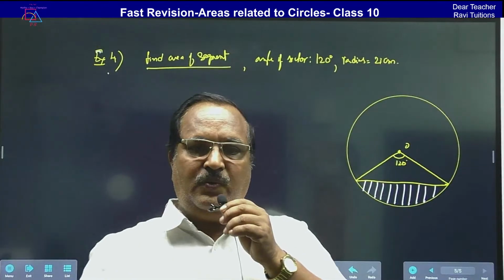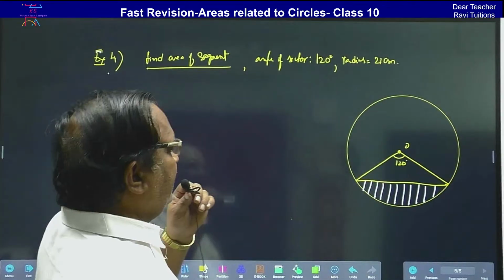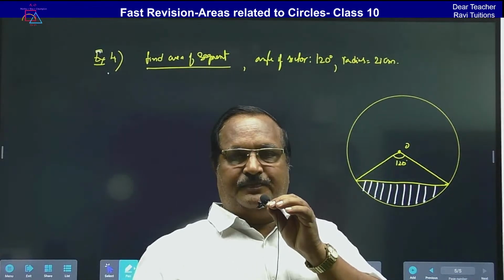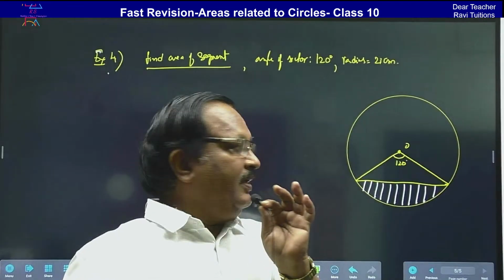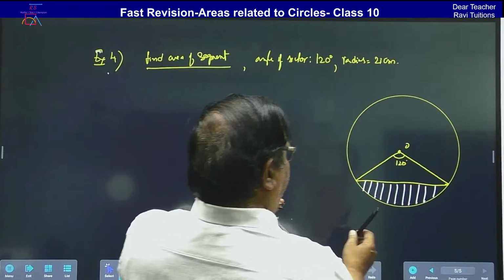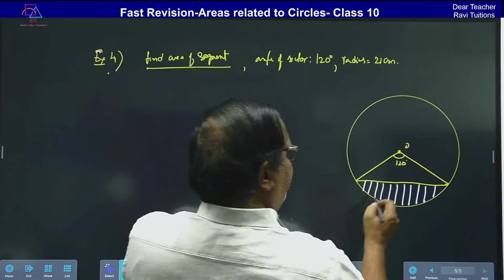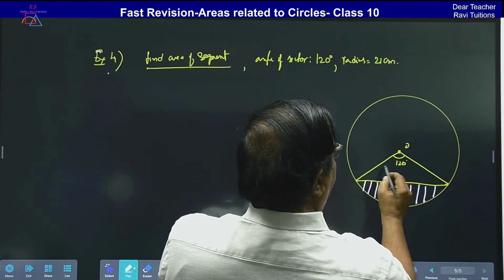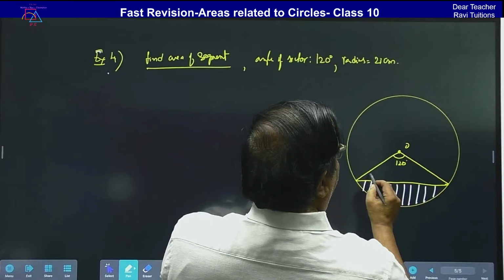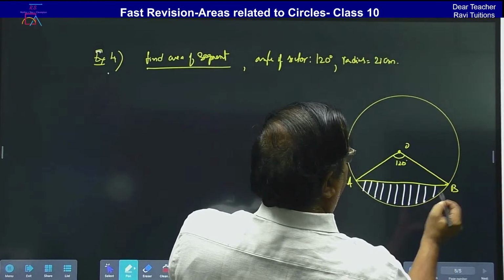Is it okay now? So now this is the area we have to find out. This shaded region contains a triangle, so I will use one more shading and name it.